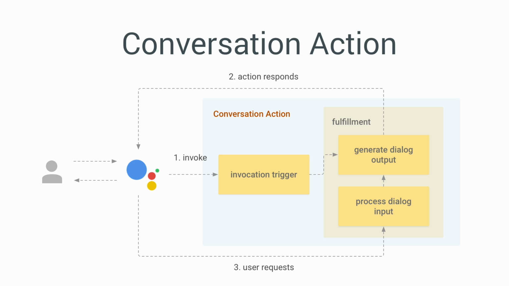So, okay, Google, I want to speak to Dr. Nick. We generate a first response, which might be, okay, everybody, I'm here, I'm Dr. Nick, how can I help you today? And then the user makes a request, my head hurts, what can you do about it? So that is the basic request response cycle.